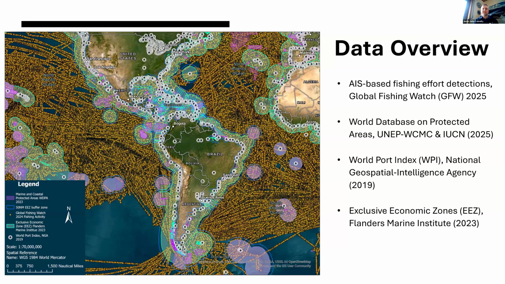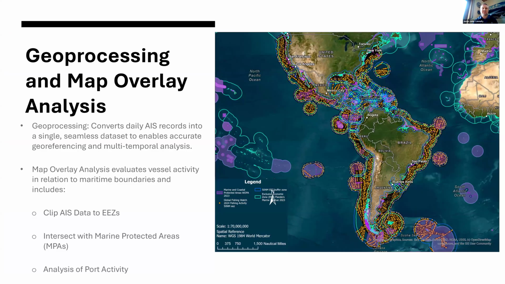How ports play into this whole project is that a lot of illegal and illicit fishing activity involves transferring the catch to other vessels that might be commercial shipping vessels or other types of vessels at that port facility.